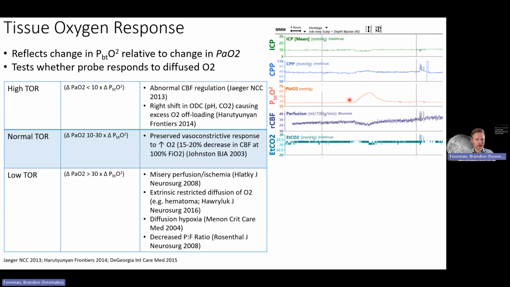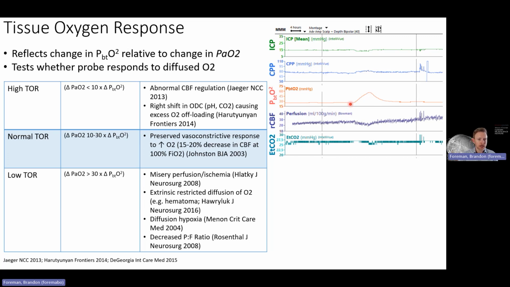And if there's something that's blocking that, or a problem in which the oxygen is not being seen by the probe, when you crank up the FiO2 on your ventilator, for instance, your PaO2 should increase by a factor of 2 to 6. And the pbtO2, what you're measuring in the interstitial space, should go up, just like you see here in this pbtO2 tracing over a 4-hour recording.